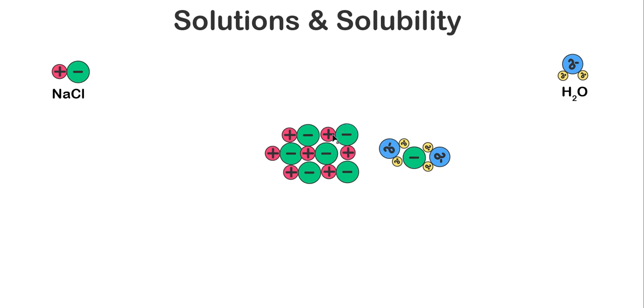The same thing can happen with the negative on the oxygen and the positive sodium ion. It can be surrounded by waters as well. And this allows the waters to pull apart the solid and bring it into individual atoms or polyatomic ions, if we're dealing with something slightly different, to dissolve it, to pull it into solution. This is how ionic substances dissolve.